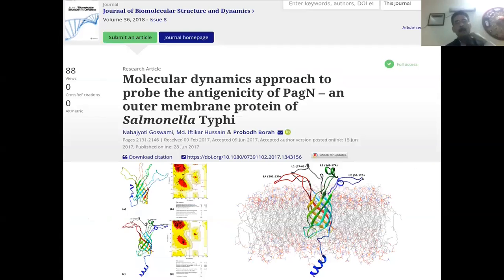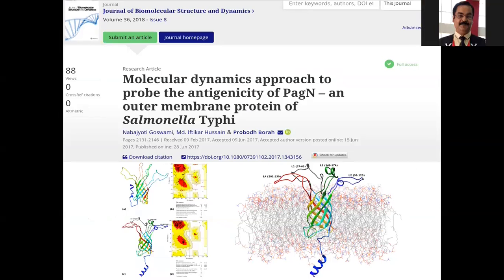Another paper we have published is in the high impact factor Journal of Biomolecular Structure and Dynamics. The current impact factor is 3.4. This was based on our work on another important antigenic component of Salmonella, which was discovered in 2012 by a group of scientists from NICED, Kolkata.